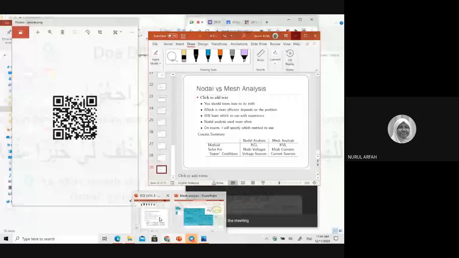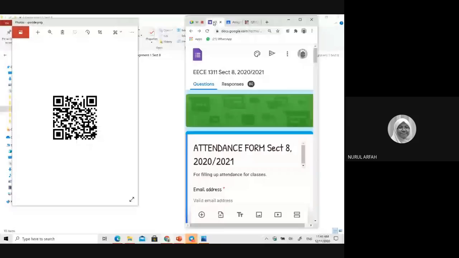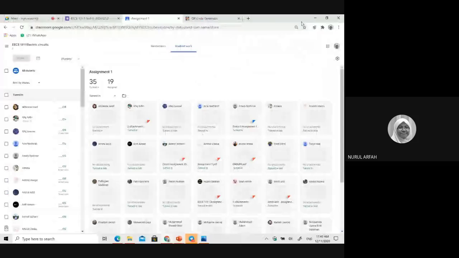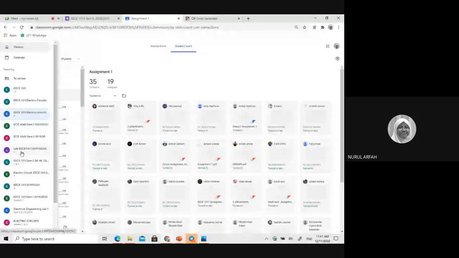Okay, group. I just randomly pick which is not turned in or written yet. This is assignment, section 1, section 8.